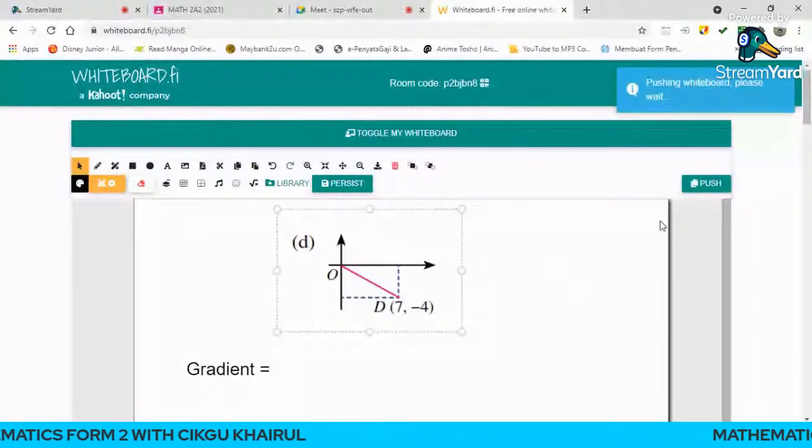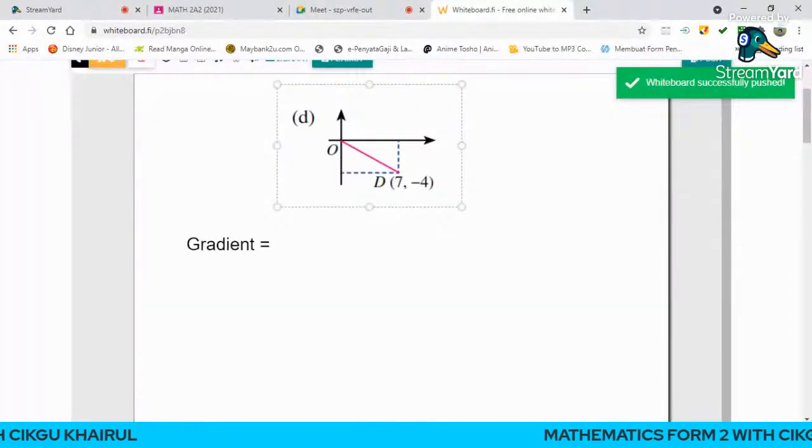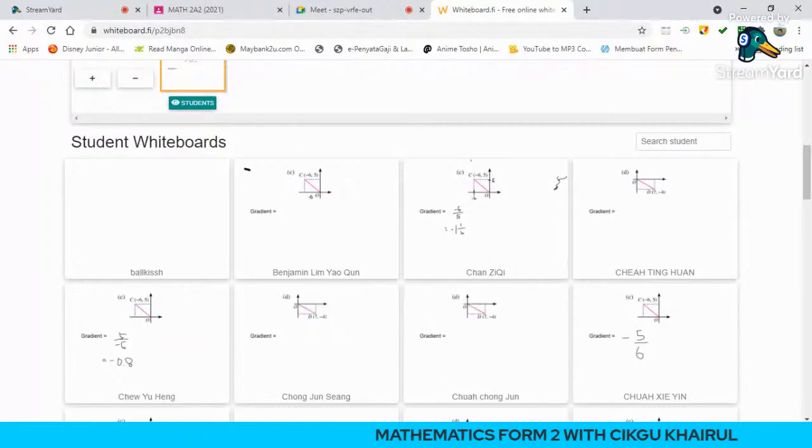You can try. Write the answer for question D. What is the answer?